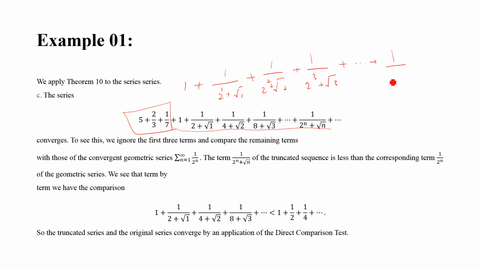The nth term of the remaining series is this. Now if we compare it with the series 1 plus 1 over 2, just forget this additional part, plus 1 over 2 square plus 1 over 2 cube plus 1 over 2 to the power n. Now just pause and think which series is greater. I will answer it after a while.